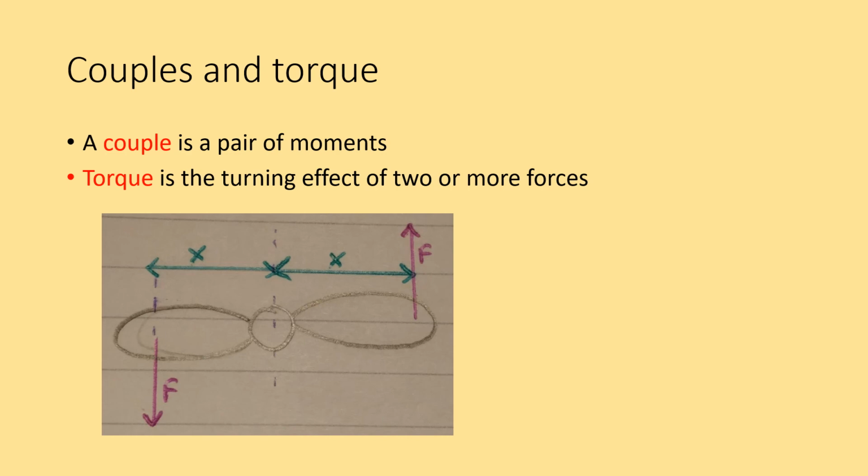You have two forces essentially spinning this thing around. They're both acting in the opposite directions. So you have torque, you have a turning effect. And the couple there is twice force times distance, because they're the same sized force and the same distance away from the pivot.